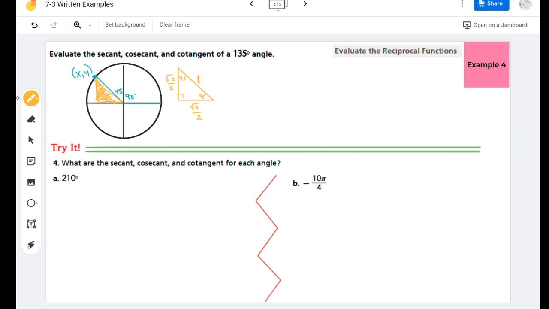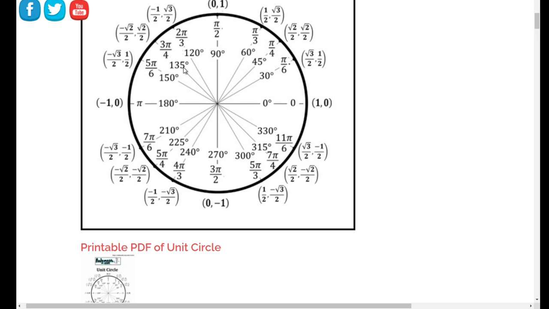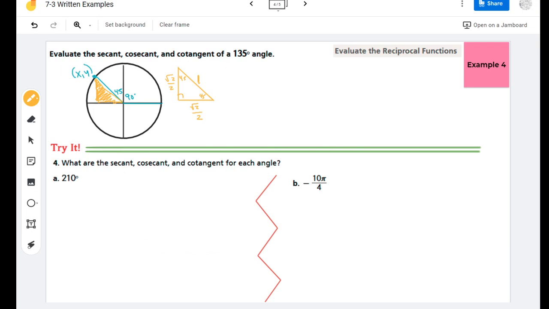Just understand from special right triangles, every time you have a 45-degree reference angle, you're dealing with root 2's over 2's for your sine and cosine. It's just the signs on them that changes. So this one's coming backwards on the x-axis, so this is a negative root 2 over 2 for my cosine, and it's coming up on my positive y-axis, so that's a positive sine.